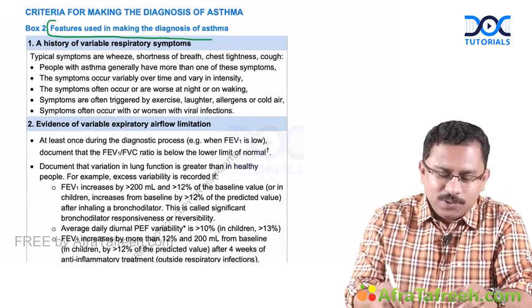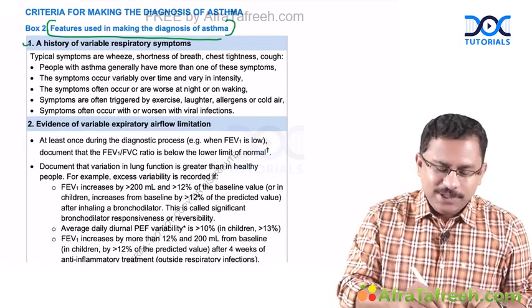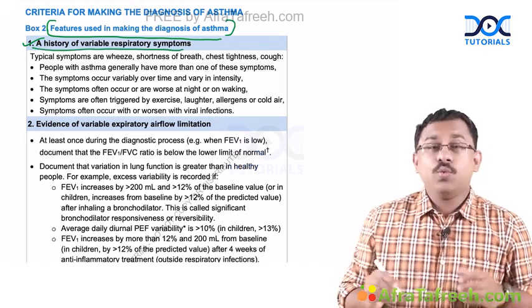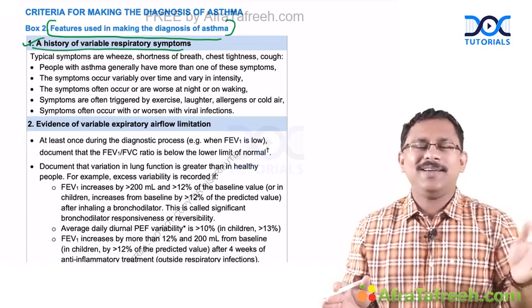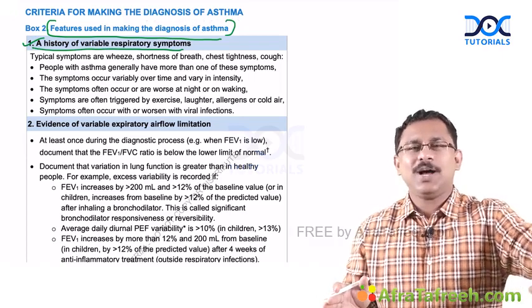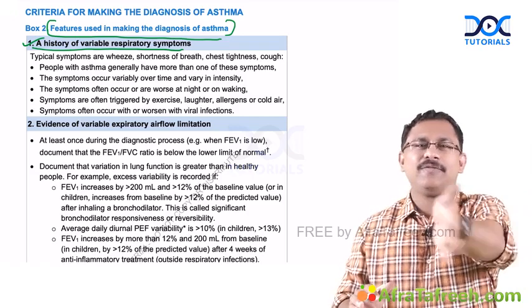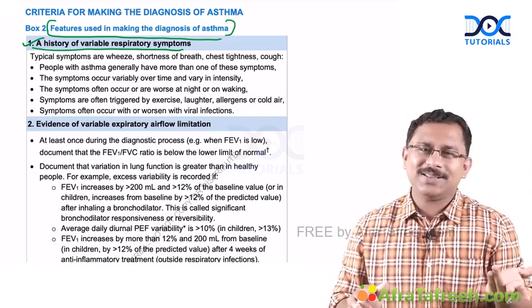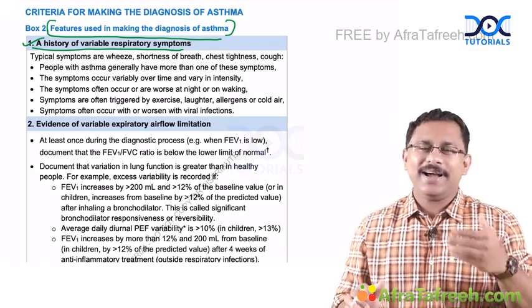So for the diagnosis of asthma, you have got to have two things. One is a history of variable respiratory symptoms. Somebody who is having a respiratory illness without any variation, with no reversibility, suppose there is no variation for 6 years, is not a patient with asthma, because asthma means a reversible airway hyperresponsiveness.